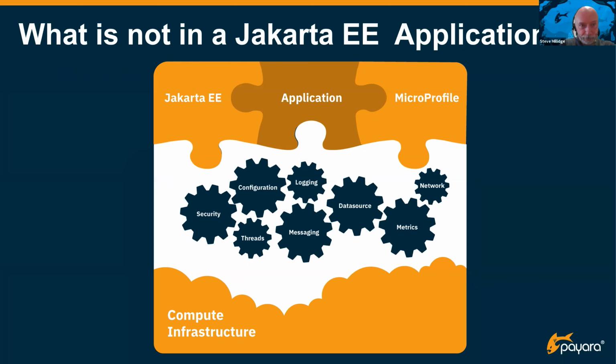For example, you wouldn't typically have code to do connection pooling or code to write data sources. You may have a driver in there if you decide to package it with your application, which you can on Payara, but you wouldn't have different third-party connection pooling code. You wouldn't necessarily have different messaging code in there. You would use JMS or connectors.